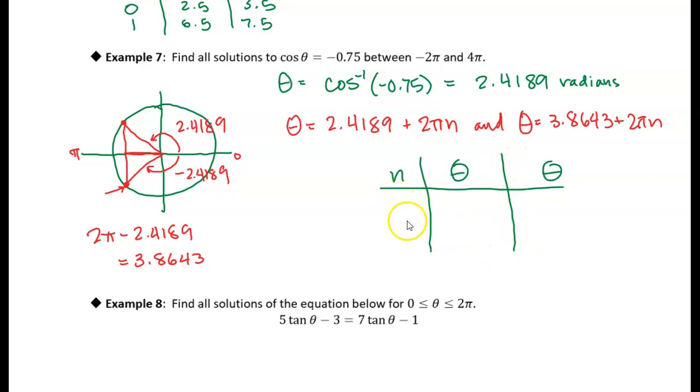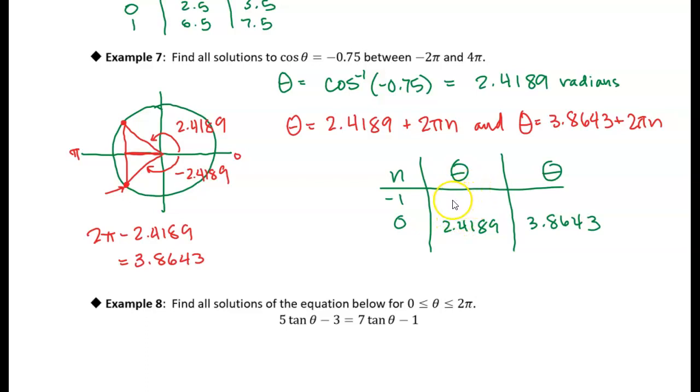So when n equals 0, I'm going to get 2.4189, and I'll get 3.8643, okay, in radians.